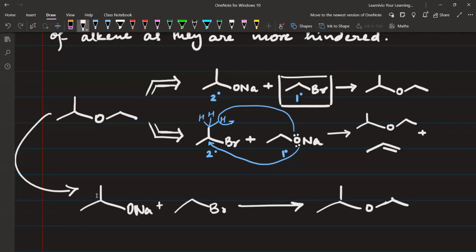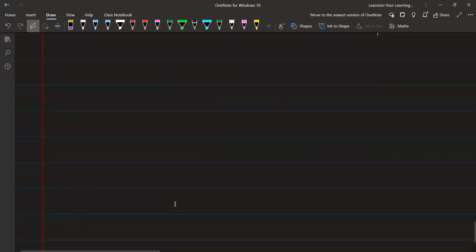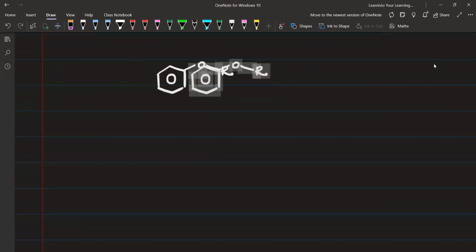Okay. Now, similarly, if I have any alkoxybenzene, right? So to prepare alkoxybenzene also, we can have two methods.